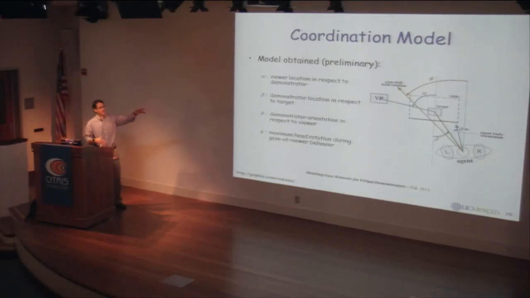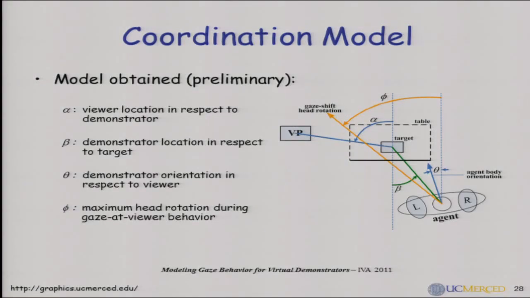And with relative angles between them: the angle between the viewer location with respect to the demonstrator, the angle between the demonstrator location with respect to the target, the demonstrator orientation with respect to the viewer, and as well the range of head rotation during gaze between focusing at the target, to where we want to decide where to put your foot for the last step before performing the action, and then looking at the observer as well. And we have all these event timings, these ranges of angles that were observed, so we have an acceptable range for these angles.